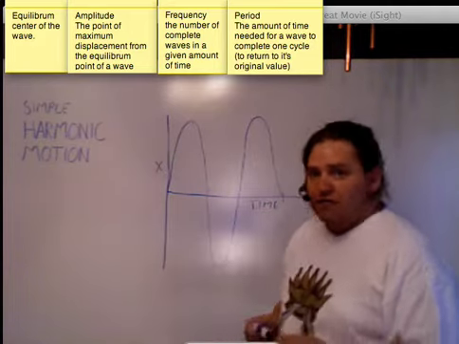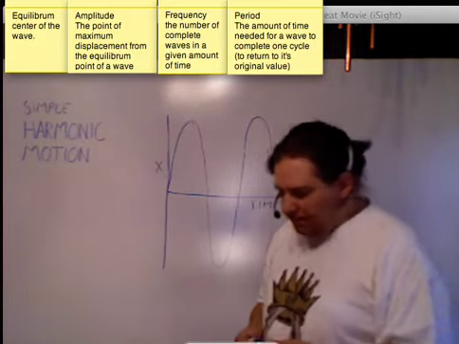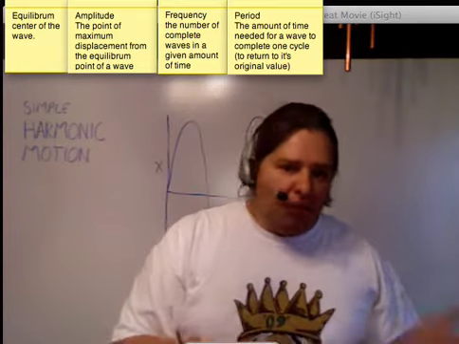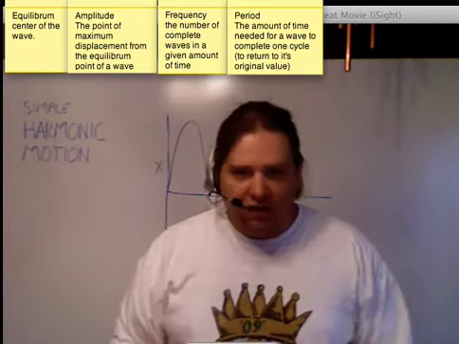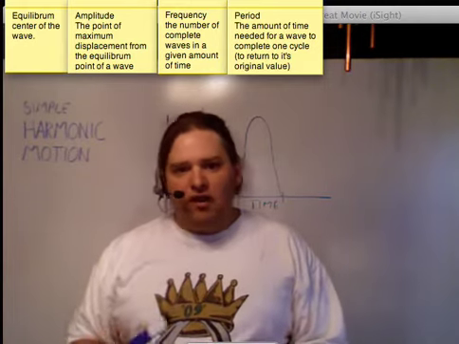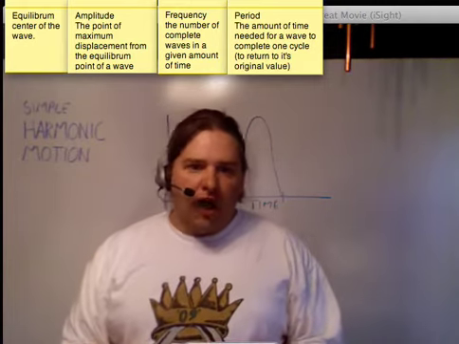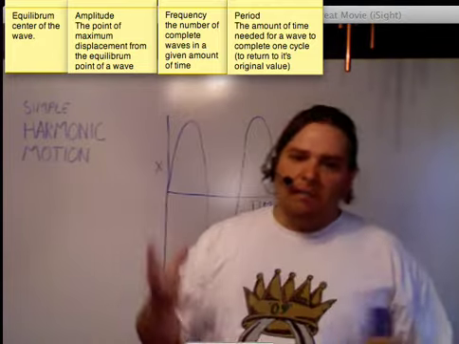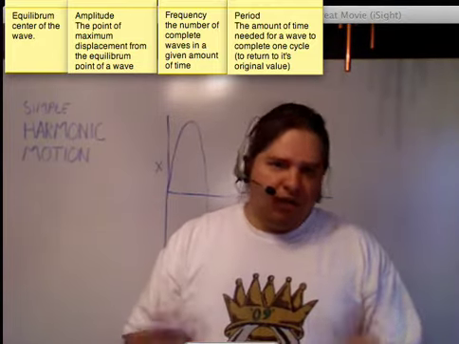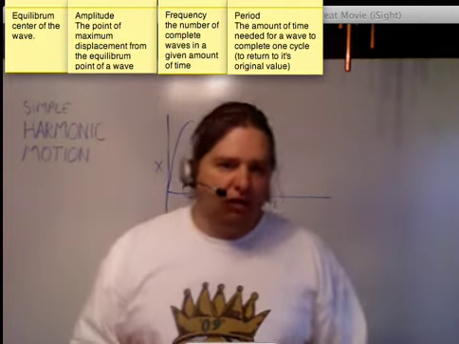That's a hertz. That's a frequency. Okay? Period is the exact same thing, only opposite. Period is the amount of time it takes for 1 cycle to happen. So when we talk about a period, we're talking about a period of time, typically in seconds.